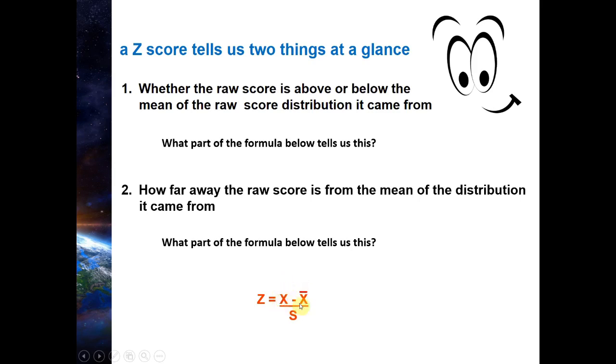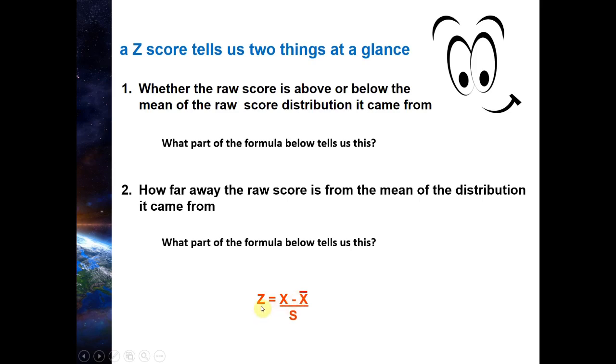But what about the actual size of the difference here? What if you are very, very close to the mean? If you're very, very close to the mean, this is going to be a small number, and that's going to make Z small. If you're very far away from the mean, so if this difference here was large, then you're going to get a larger Z-score. And that tells you you're further from the mean than if this was a small number.